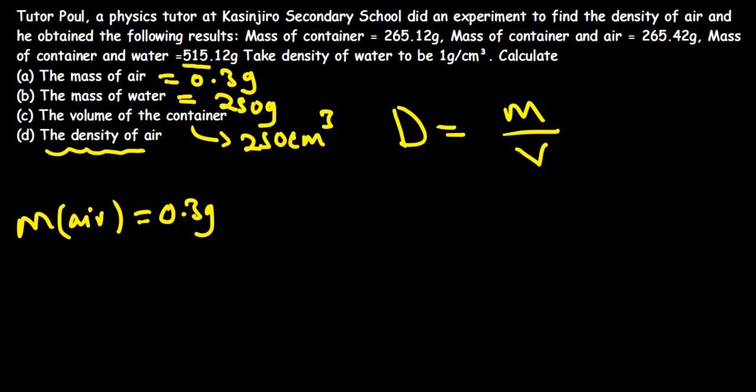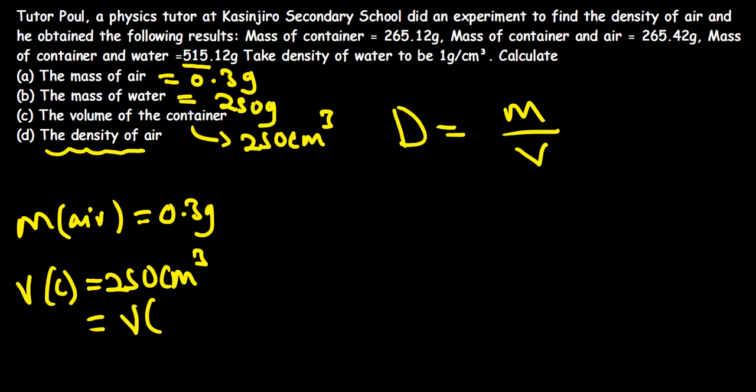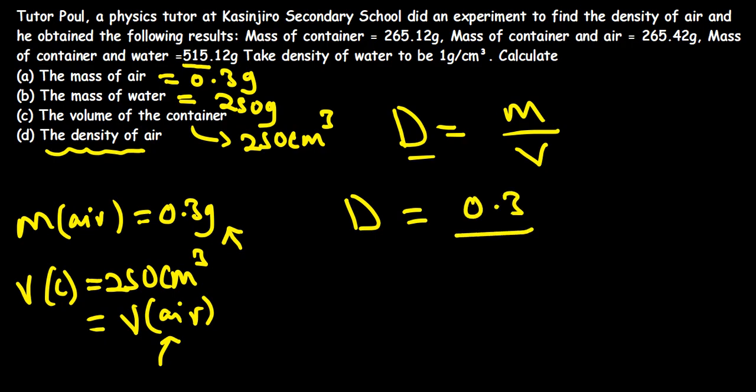The volume of the air is the same as the volume of the container, and we know that the volume of the container was 250 cubic centimeters. So we have the volume of the air and the mass of the air, so we can find this density. Density is going to be equal to 0.3 divided by the volume, which is 250.